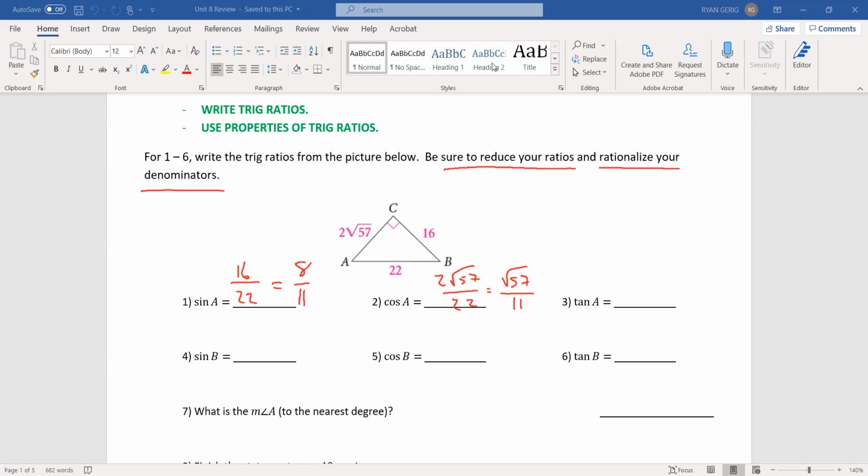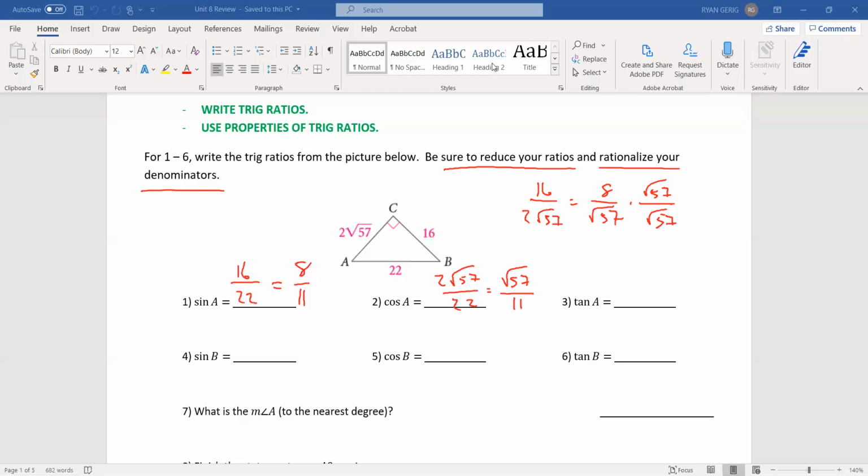The tangent of A is the one you have to rationalize. So the tangent of A is the opposite over the adjacent. So 16 over 2 radical 57. I'm going to go ahead and reduce it first and make it 8 over the square root of 57. You wouldn't have to do that first, but I'm going to. And now I have to rationalize because you can't have a radical in the denominator. So multiply by the square root of 57 on top and bottom.